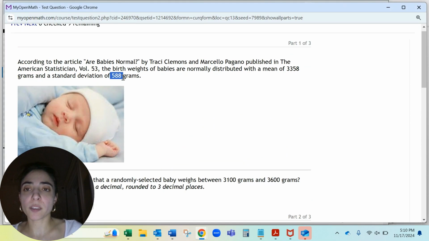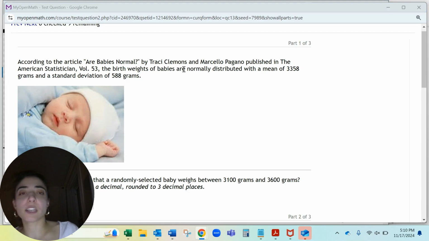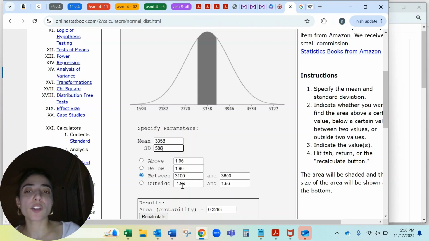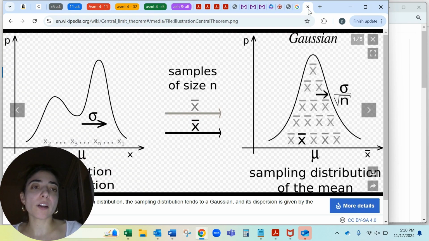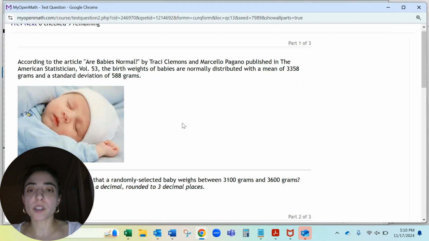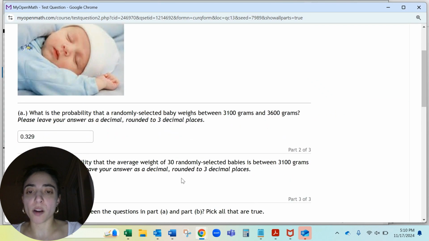But we are going to enter into the calculator the standard deviation using the formula: 588 divided by the square root of n, the square root of the sample size we are taking, the square root of samples that are size 30.